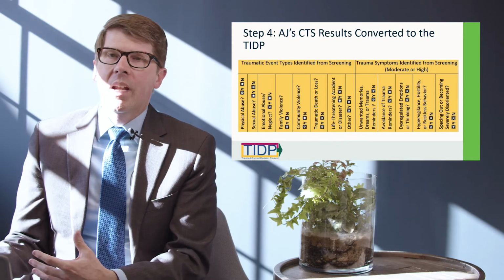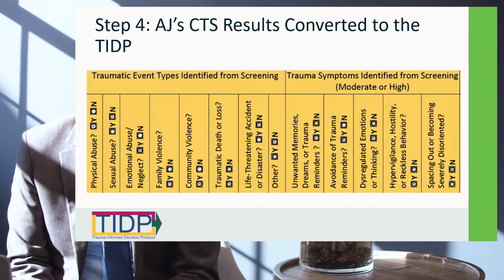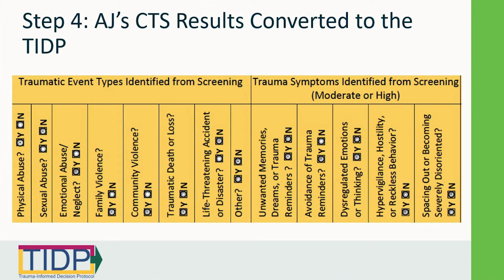But this is what the top of AJ's TIDP would look like, both for the traumatic event section and also for the trauma reactions. What you can see here is, based on his CTS, we're checking yes for a history of physical abuse, yes for a history of emotional abuse and neglect, yes for a history of family violence, yes for a history of community violence, and also yes for traumatic death or loss.